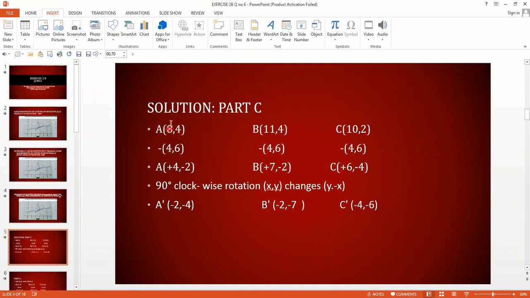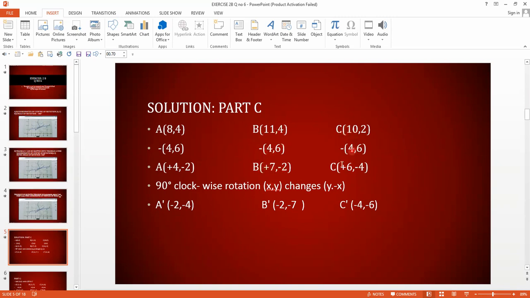So we have to subtract 4 and 6 from this 8 and 4, and we will get +4 and -2. Again, we subtract 4 and 6 from point B, whose vertices are 11 and 4, and we will get +7 and -2.